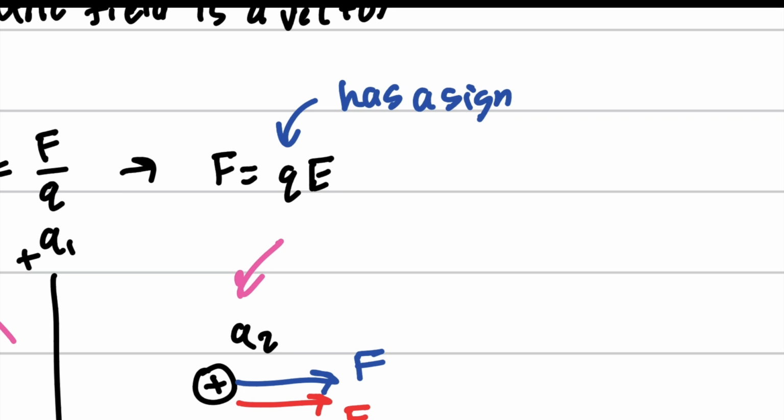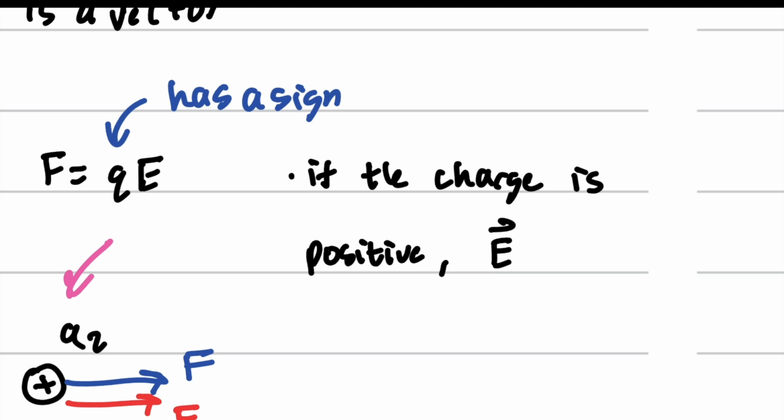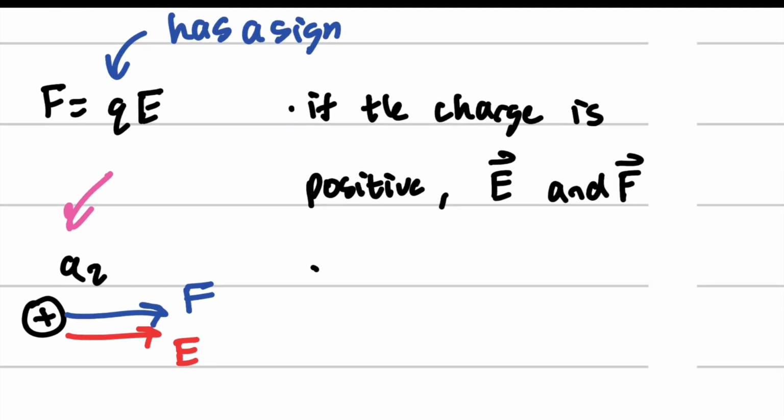So if the charge is positive, the E vector, and I'm putting the little arrow on top of the E, and the F vector go in the same direction.